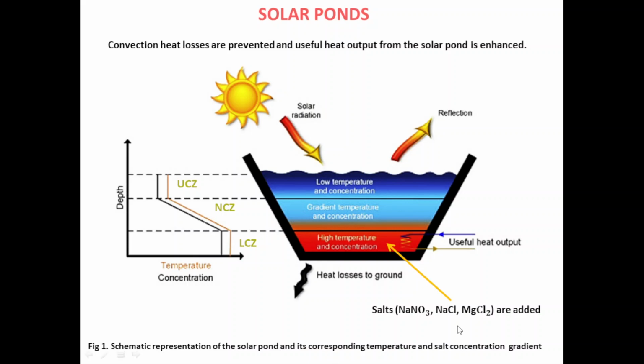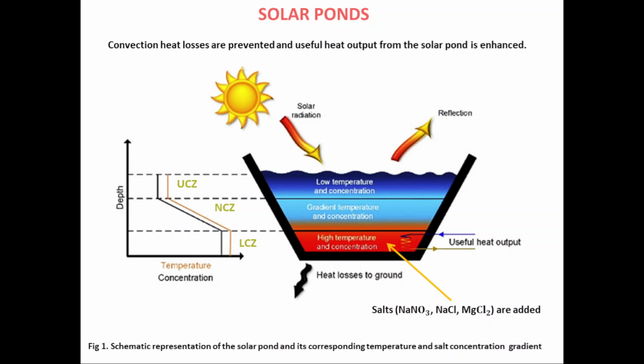Compared to the lower regions, the higher regions will have colder water and their density will be quite higher. So this hot water, which has less density, will try to move up because of buoyancy. The density difference creates buoyancy, and because of this the hot water will try to move up due to convection effects. So convection's main principle is buoyancy, and buoyancy's main principle is the density difference.